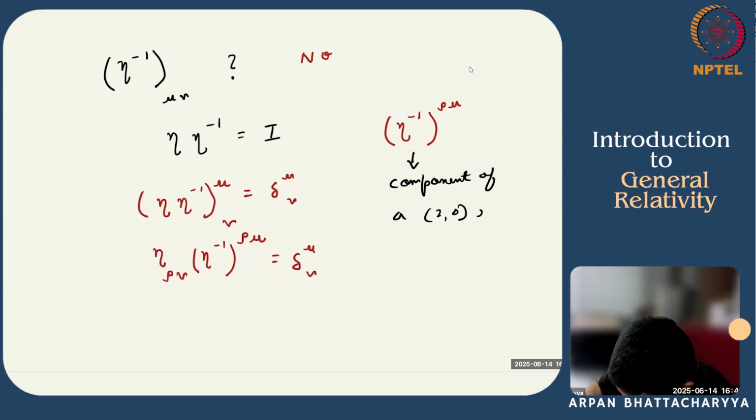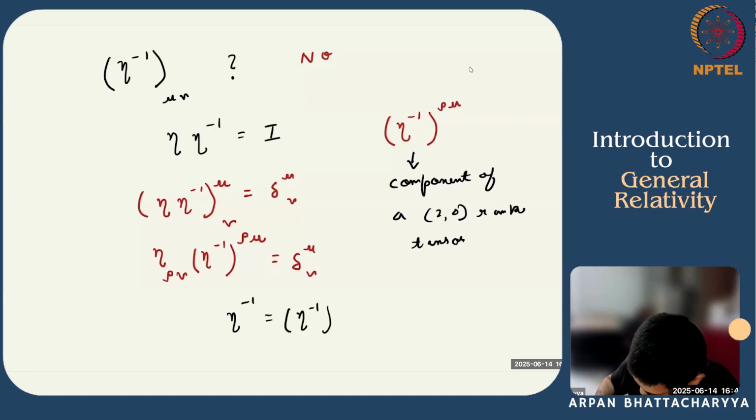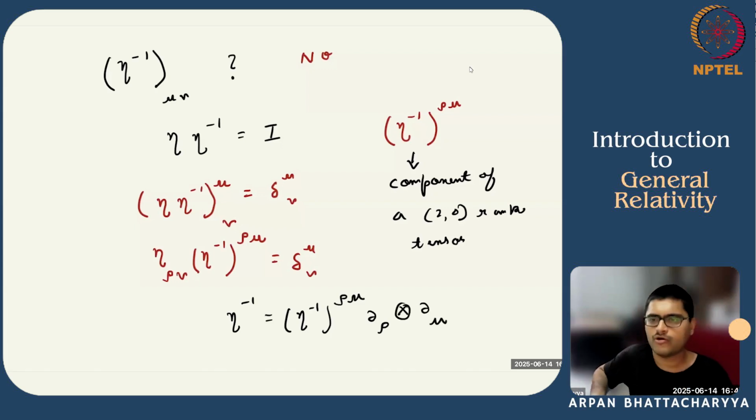So eta inverse is nothing but eta^{mu rho} del_mu tensor del_rho. This is how you represent a (2,0) rank tensor.